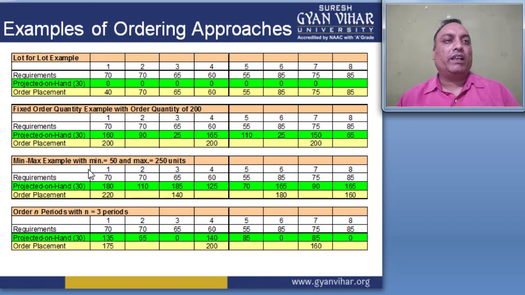And this is the min-max example with a minimum of 50 and a maximum of 250. In between 50 and 250 you place the order. This is the requirement, this is the projected on hand, and this is the order placement. This is 220, 140 and 180 here, and then 160 here.